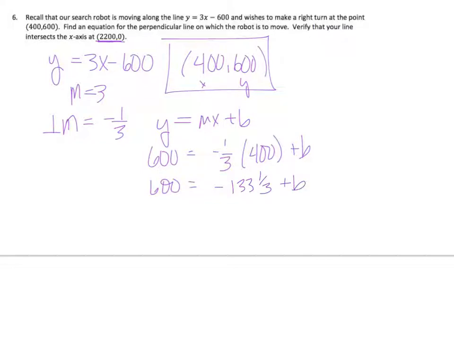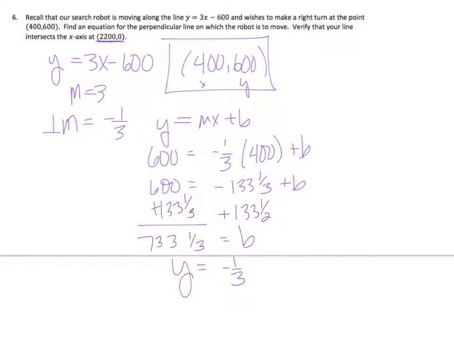If I subtract 133 and 1/3 from both sides, I'm going to add 133 and 1/3 to both sides. Sorry. I get 733 and 1/3 equals b. So my equation is y equals mx plus b.